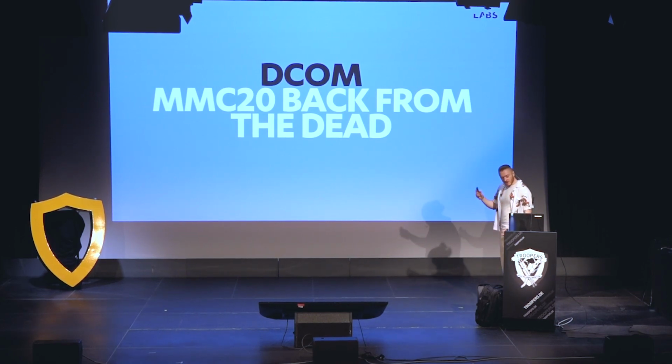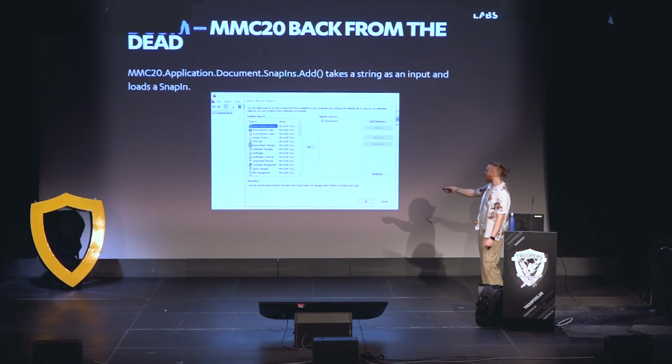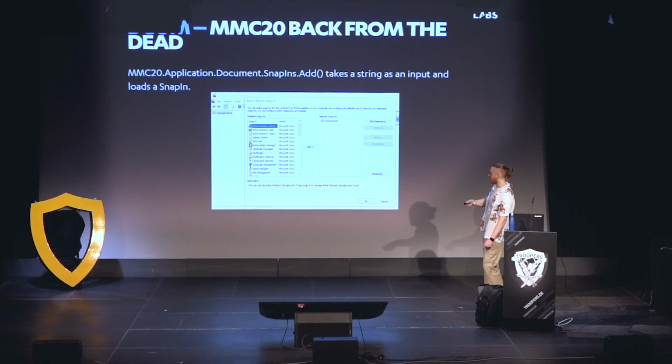There is another interesting feature, though, that has never been discussed, and it's the snap-in loading. So when in MMC you go on File, Add/Remove Snap-in, and you just choose a snap-in that you want. Turns out that you can do it via COM, and by consequence, you can do it via DCOM as well.